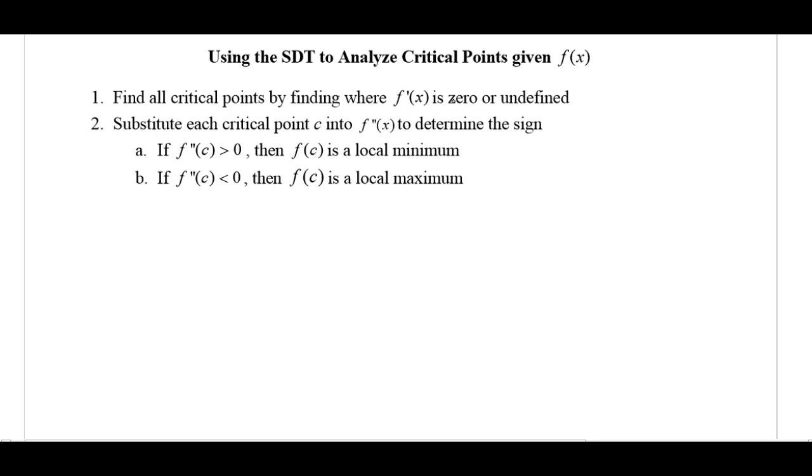So set the first derivative equal to 0 or undefined. Step 2 is to substitute each critical point, c, into the second derivative and then determine the sign. So if the sign of the second derivative at c is positive, f(c) is a local min. If the second derivative is negative, then f(c) is a local max.